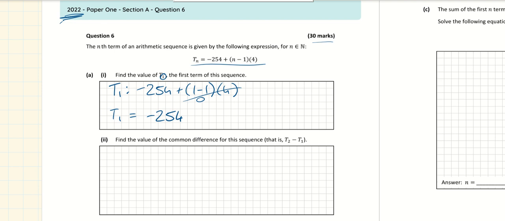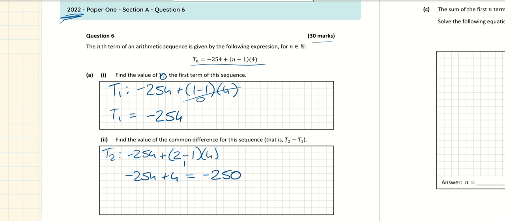Okay, so find the value of the common difference for this sequence, that is T2 minus T1. So we need to find T2 first, so minus 254 plus 2 minus 1 times 4. So 2 minus 1 is 1, so it's minus 254 plus 4, which is minus 250.